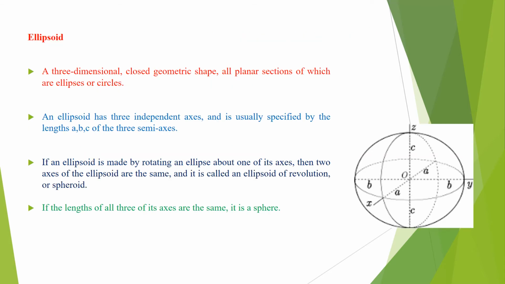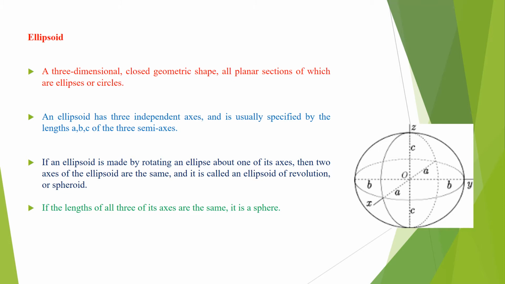Here is some explanation about the ellipsoid. An ellipsoid is a three-dimensional closed geometric shape, all planar sections of which are ellipses or circles. An ellipsoid has three independent axes and is usually specified by the lengths a, b, c of the three semi-axes.